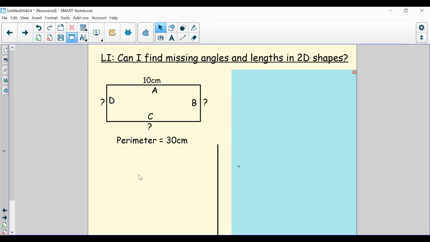In this question, we're given the perimeter, and they tell us that the perimeter for this shape is 30. So I know that when I add all these together, it's going to be 30.